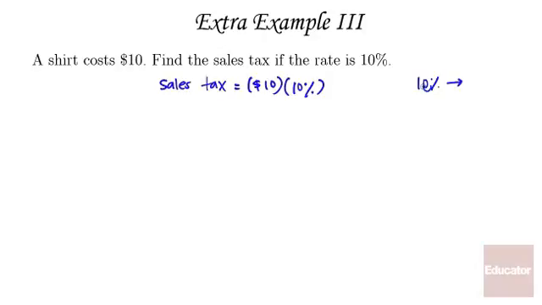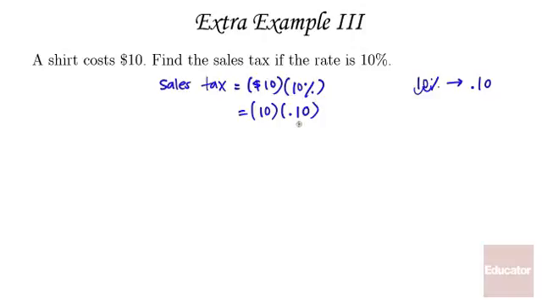Start here, you're going to go 1, 2, so 0.10 or 0.1. Again, the 0 at the end of a number behind the decimal point, you can just drop it. So 10 times 0.10 or 0.1.